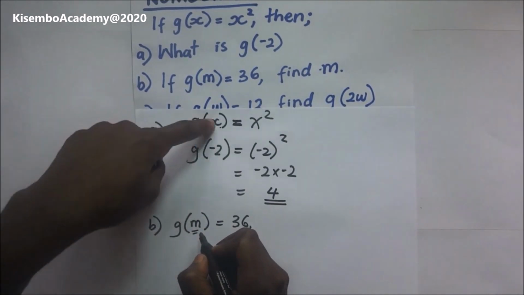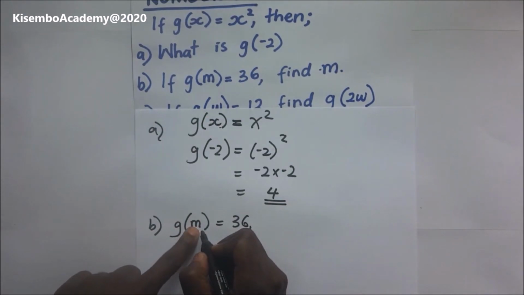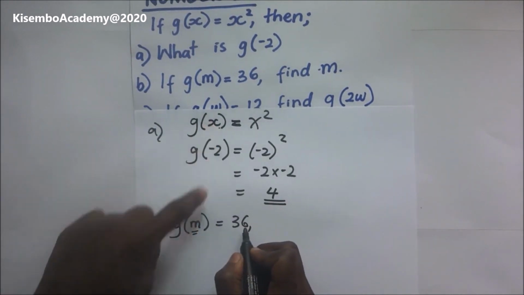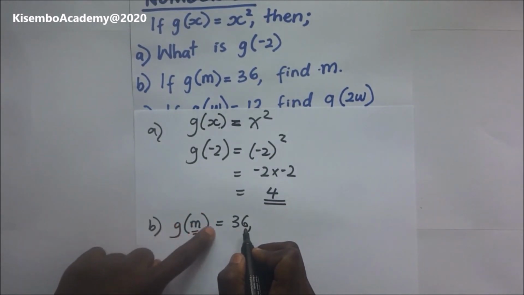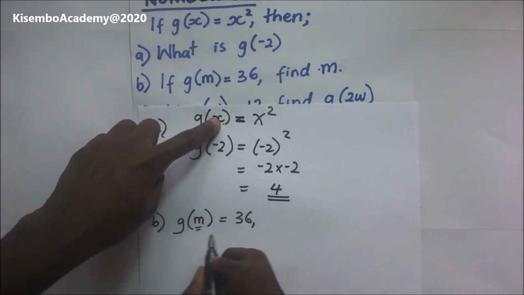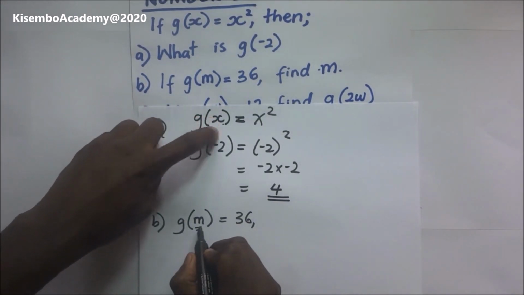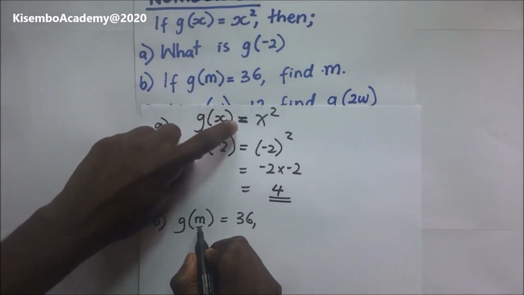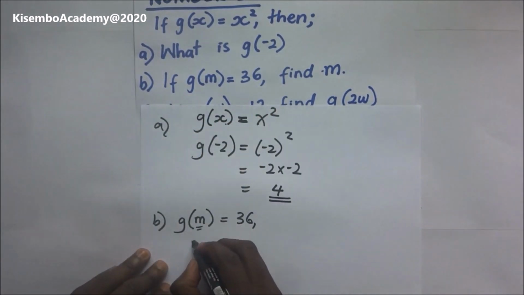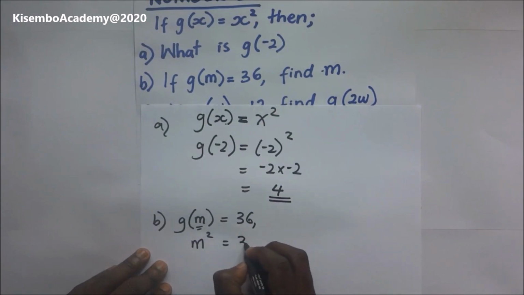In other words, the value of x now is m. And they're telling us that when we put m there, the value of the function is 36. So in g of x, our value of x has become m, which is the same as m squared. So m squared is the same as 36.